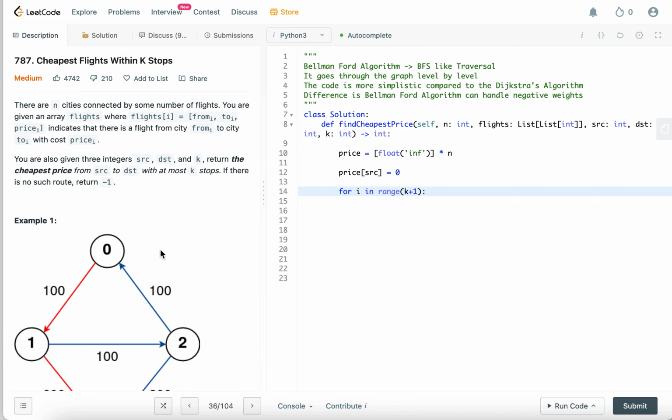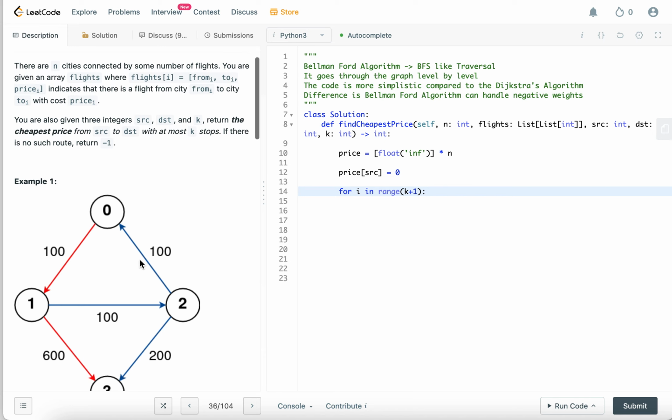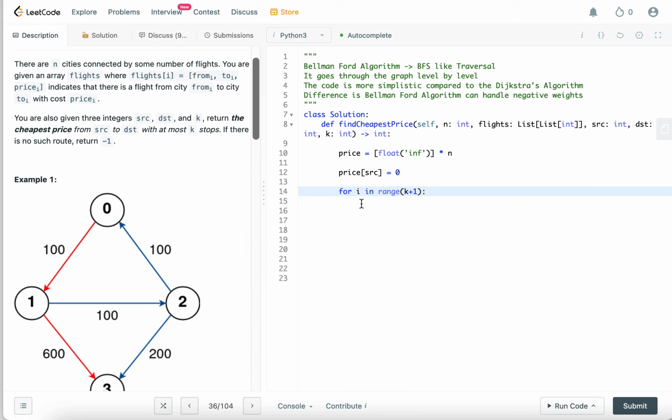We do K plus 1 because we want to go from here 0 to 3. As you can see, there's two edges, but there's only one stop here. So the number of K stops is only 1. That's why we add 1 here to ensure that it's covered.